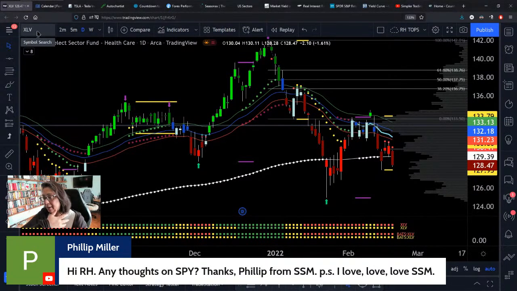Don't paint the markets with a broad brush, especially within chop. In an uptrend, broad brush away. But in what we're dealing with right now, which, by the way, these are normal markets, gang. 2020, completely abnormal. Most of 2021, say the first 6 to 8 months, that's not normal, right?